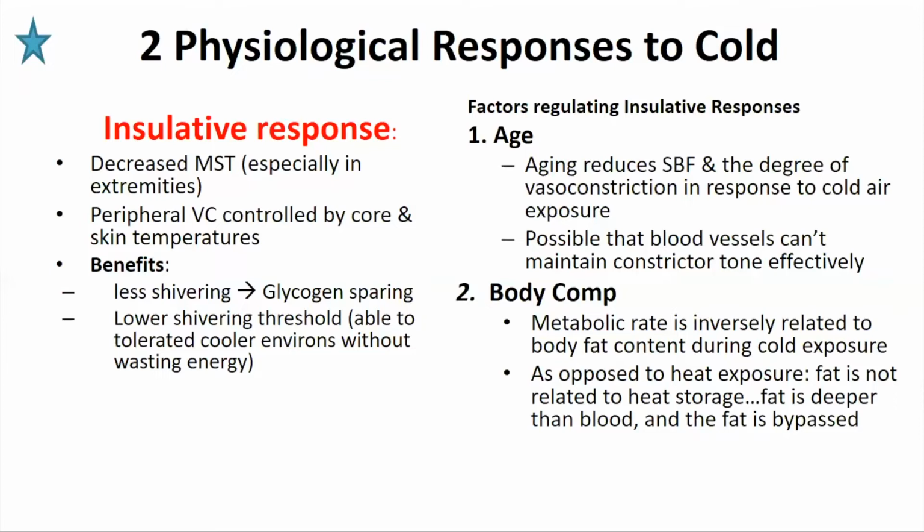So fat, or the subcutaneous fat, is deeper than the blood, so the fat is bypassed. So it's different. The amount of subcutaneous fat is not going to be related to your ability to dissipate heat in a hot climate, but here it might, having a lot more subcutaneous fat may provide more of an insulative response in a cold climate.